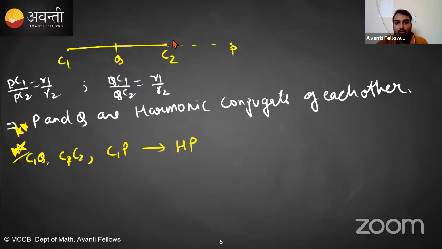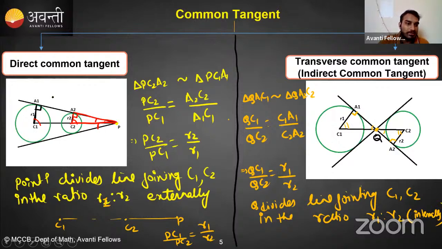Okay, Sindhe, no problem. What I said is, see, there are two types of tangent: direct common tangent, where the centers of the circles lie on the same side of the tangent, and indirect common tangent, where the centers of the circles lie on opposite sides of the tangent.